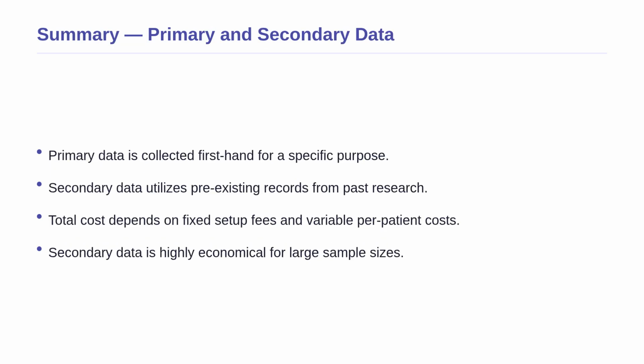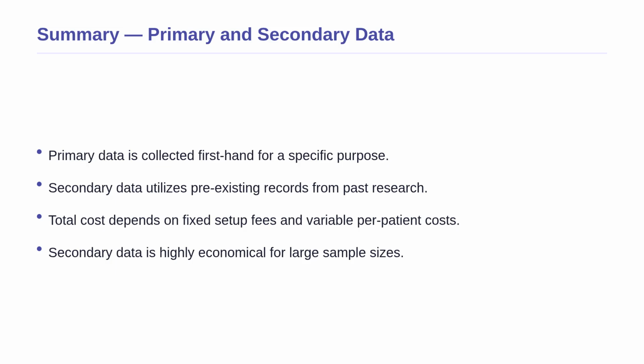As we wrap up this topic, let us review the key takeaways. First, remember that primary data is collected firsthand for a specific current purpose, giving you maximum control. Second, secondary data utilizes pre-existing records, saving you time and effort.